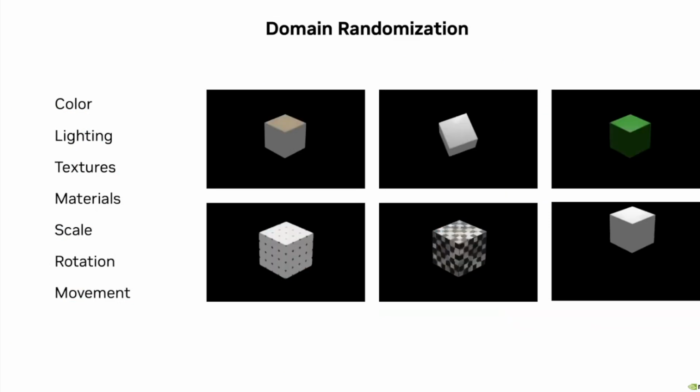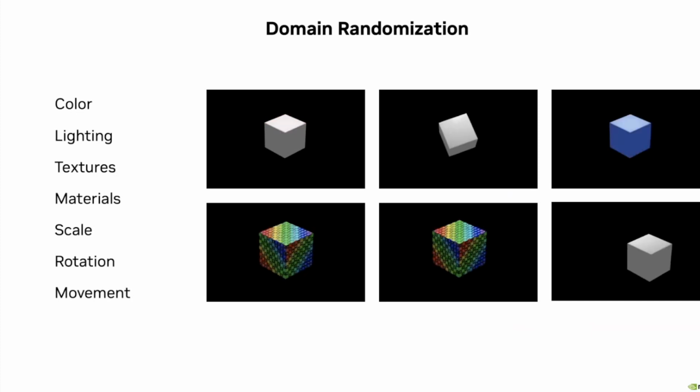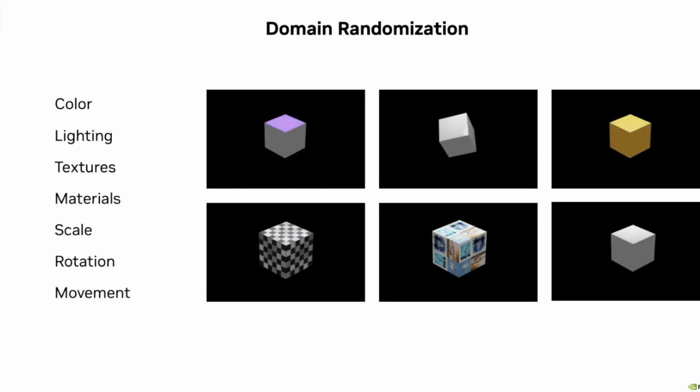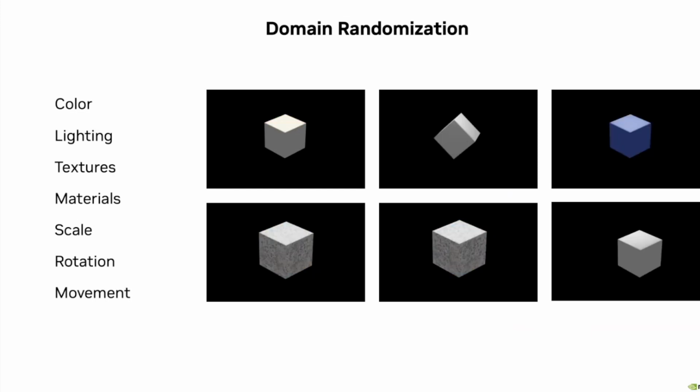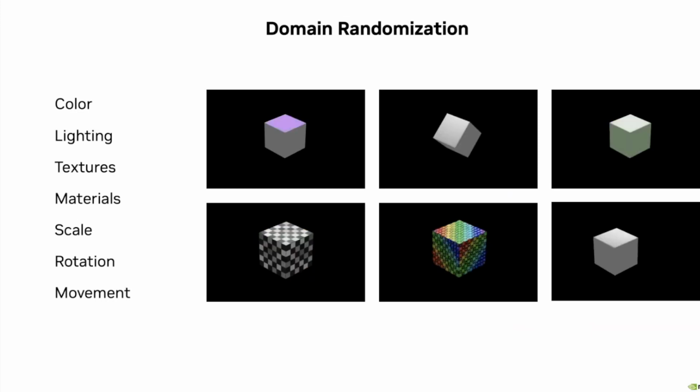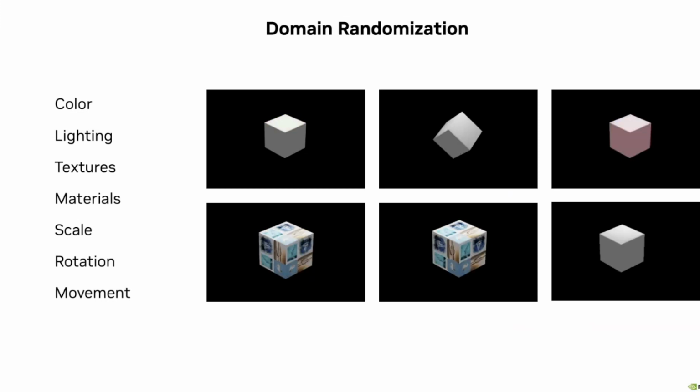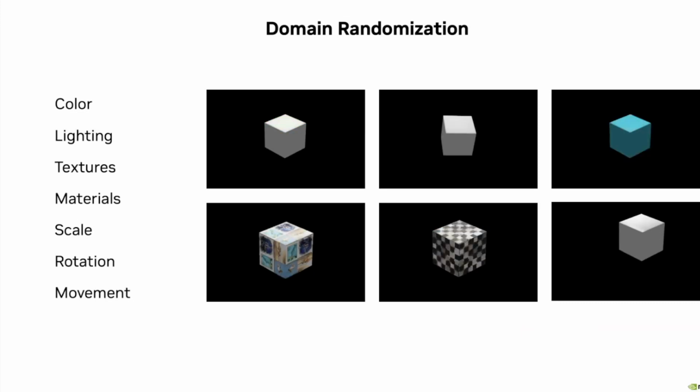One powerful technique to address the sim-to-real domain gap is the so-called domain randomization. In domain randomization, you basically vary the visual characteristics of your scene by tweaking characteristics like color, lighting, textures, and materials.